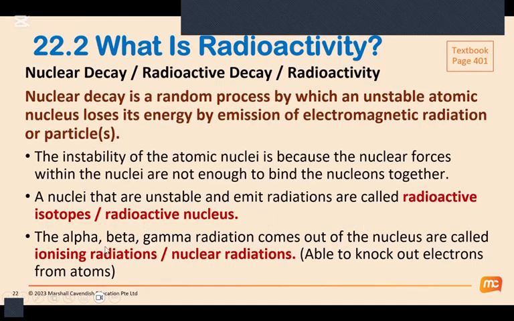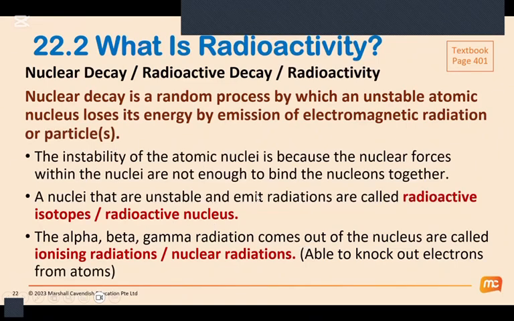The electromagnetic radiation or particles that come out, your alpha, beta, gamma, are called ionizing radiation, or because they come out of a nuclear reaction, we call them nuclear radiation.